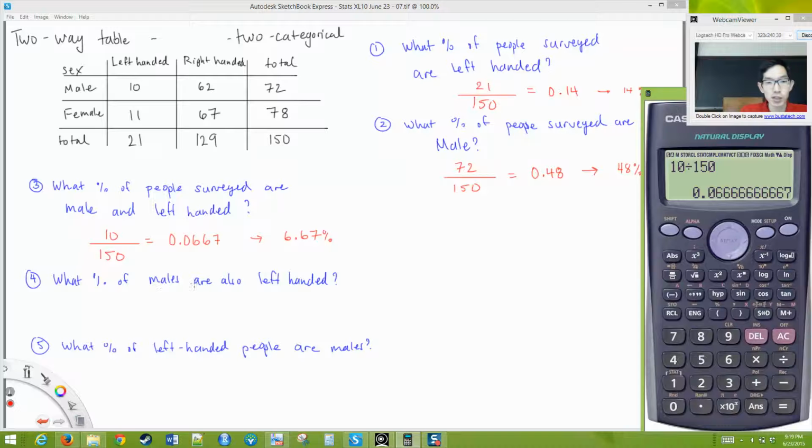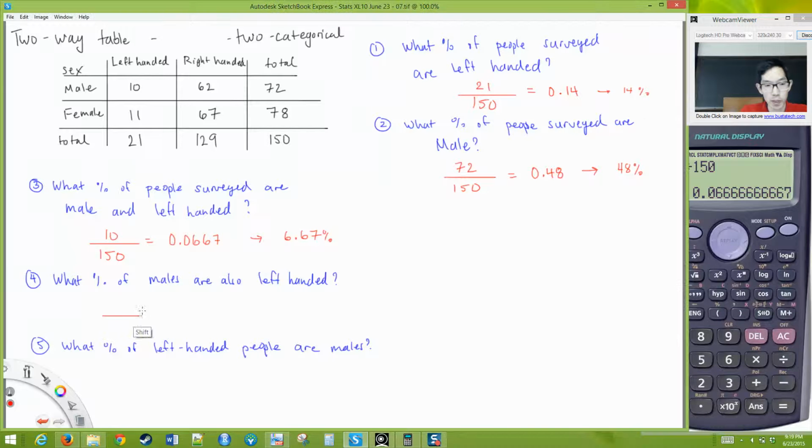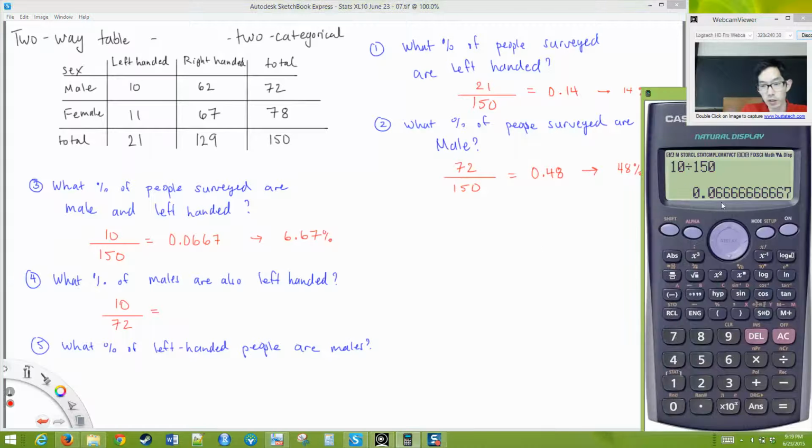Okay, what percentage of males are also left-handed? Okay, so to answer this one, how many males total do we have? 72. So 72 goes into my denominator, right? Because we're asking of the males, how many are there? 72. And how many are left-handed? 10. So we're going to do 10 divided by 72.